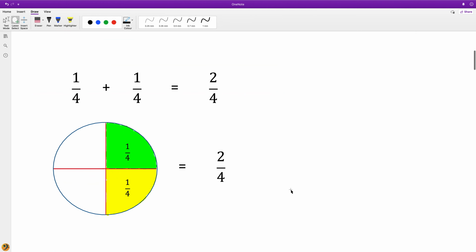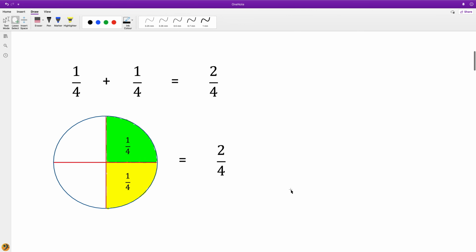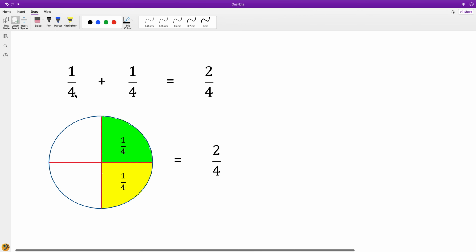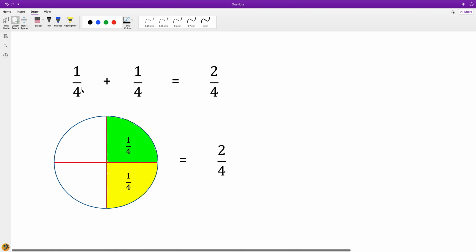An example here, pretty easy one to start with. We have 1/4 plus another 1/4. We can add these together straight up without having to do anything, because as you can see, this denominator is 4 and this denominator is 4.